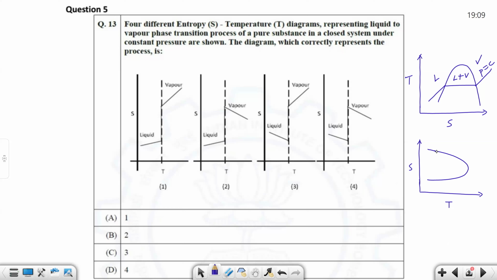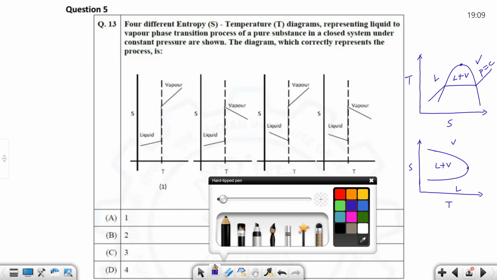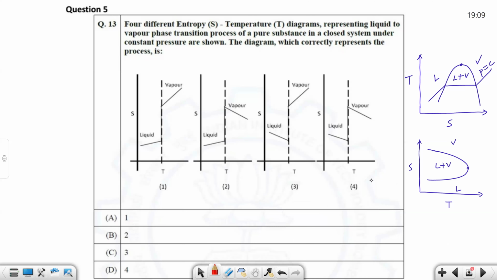Nearest to the temperature, liquid side, liquid plus vapor, vapor side. So this is your critical point. Now the constant pressure line goes something this way. This is the line, the pressure constant line. So if you look at that, it matches with this.